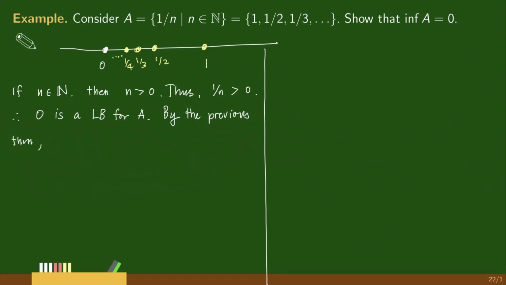So by the previous theorem, what do we have for A? What did the previous theorem say? If you have a lower bound for A, very good. The infimum of A exists.